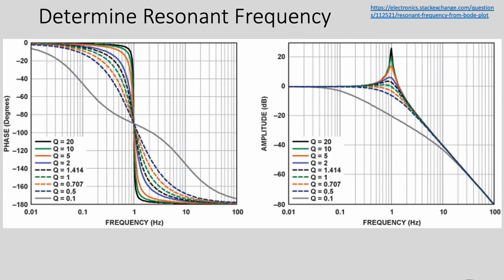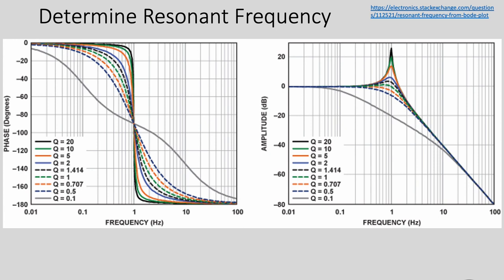So you can see for Q equals 20, it's fairly easy to see where that resonant frequency is, but for Q equals 0.1, it's more difficult to see where that is.